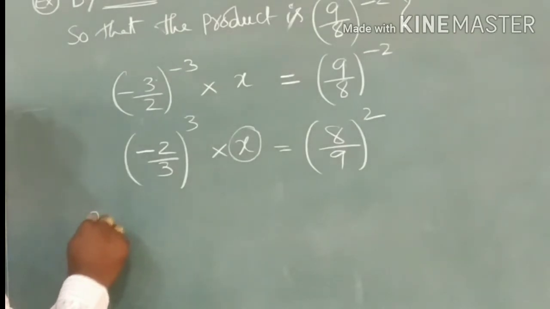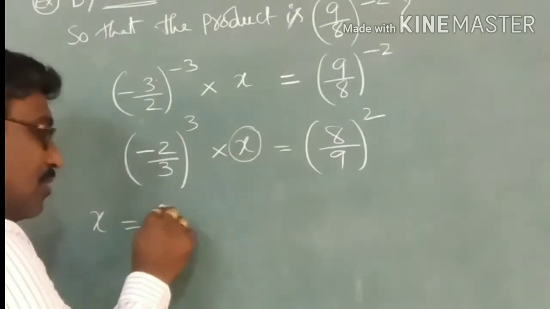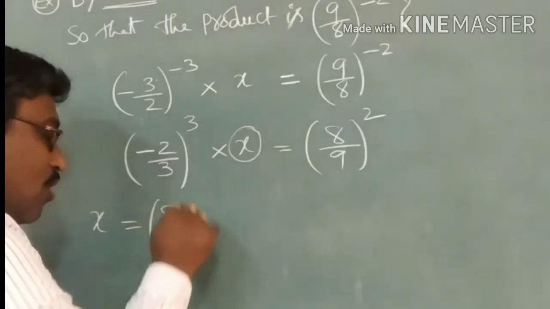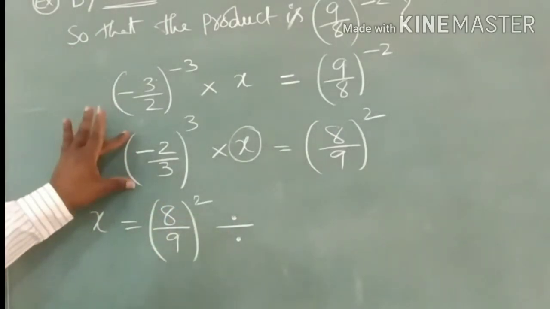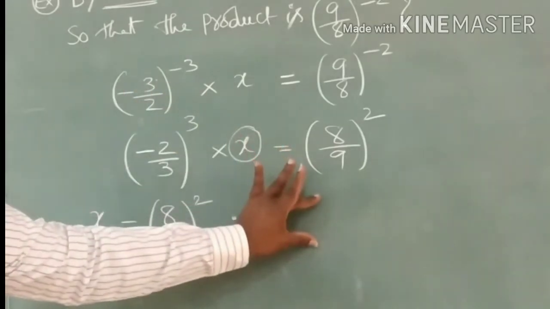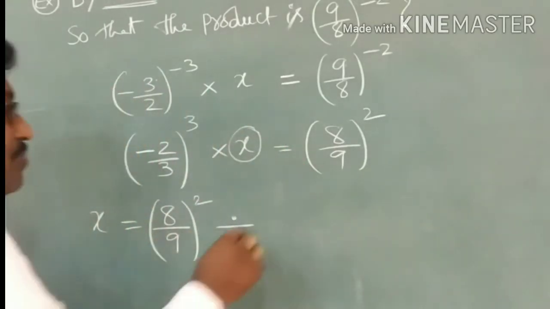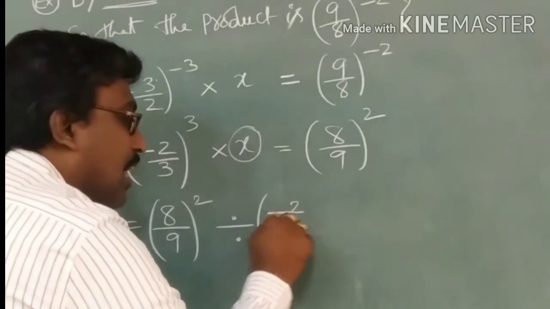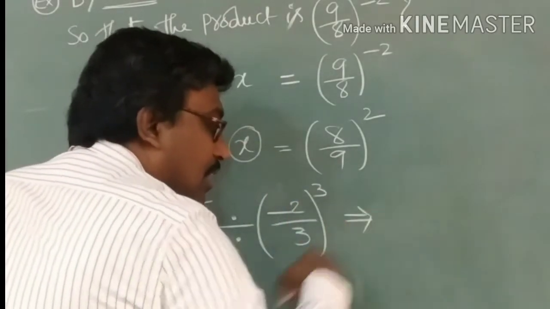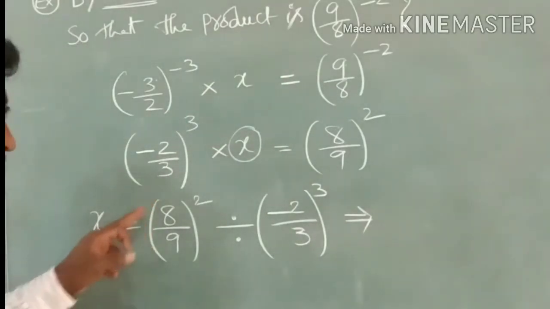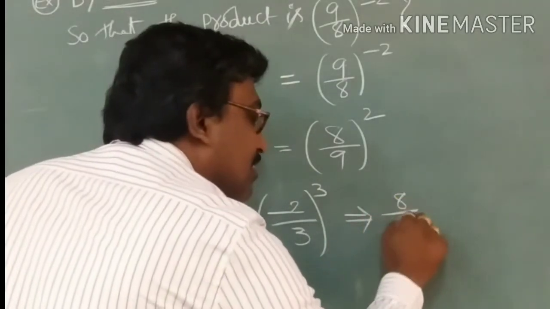Very good. Division. x is equal to 8 by 9 whole square divided by, this is into, I am transferring to the other hand side, it is division, minus 2 by 3 whole to the power of 3. That implies 8 by 9.